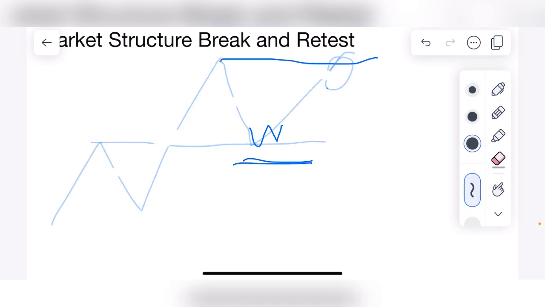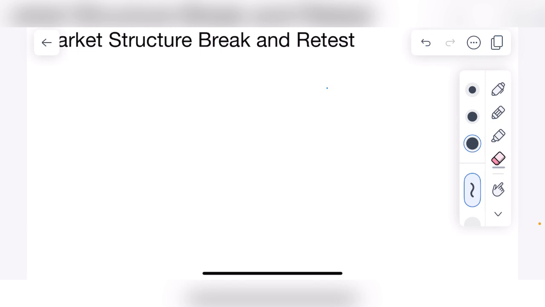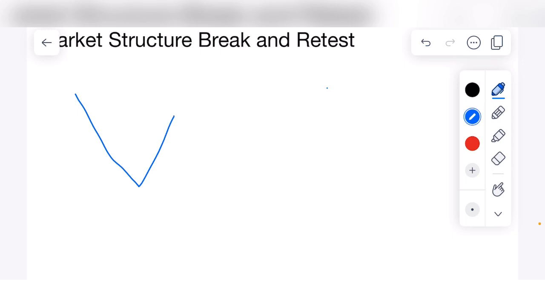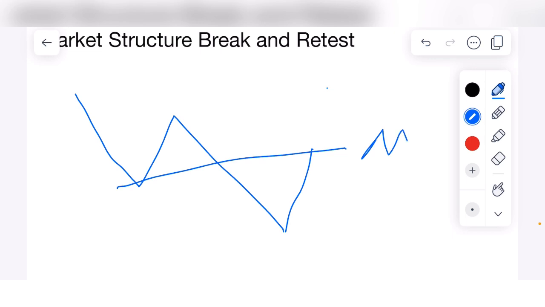Let's take an example in a bearish market. You have identified a structure which is bearish. Wait for the structure to break and then retest. Wait for confirmation, which is double top confirmation. Then you take your entry here.